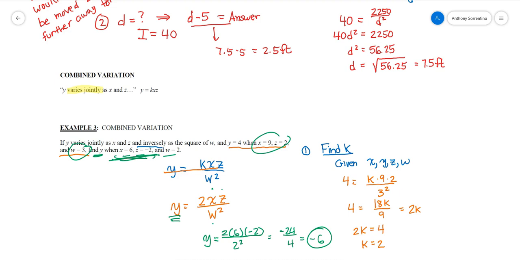Since it doesn't really have this in any kind of worded context, I don't really have to answer with a sentence or have any units here because there's no units given. But it's the same general principle. I set up a formula based on the description. I need to find the constant of variation k. So I'm going to need to have the ability to fill in all the variable values for one specific instance.